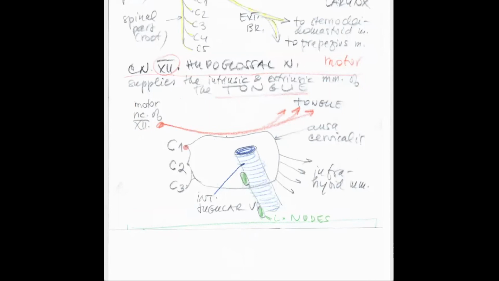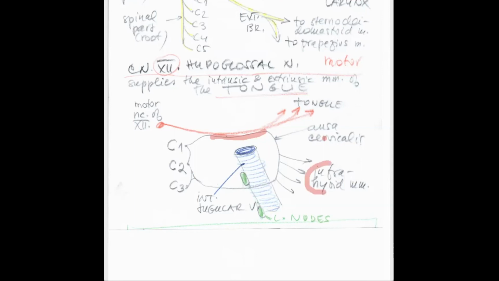These are the motor ones forming superior root, inferior root. They form finally ansa. This is the interconnection between them. And ansa cervicalis runs in the short course together with the nerve number 12. It's not part of the nerve number 12. And ansa cervicalis innervates, via 1, 2, 3, 4 branches, all 4 infrahyoid muscles.